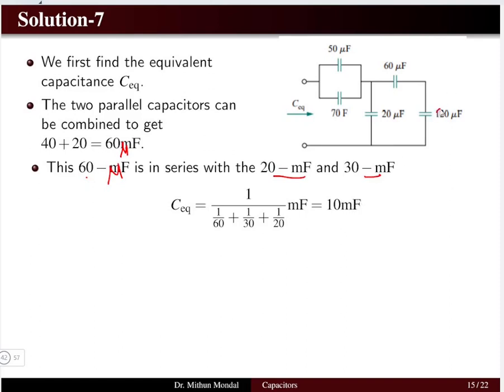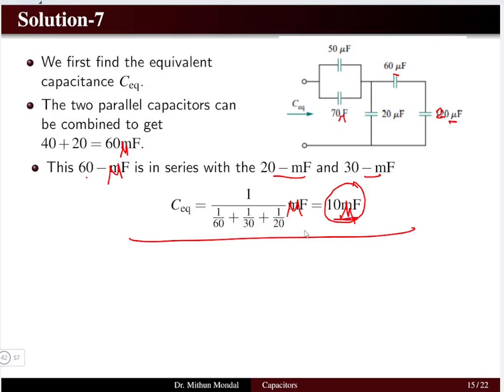So here we will do that operation and try to find the equivalent capacitance of this entire network. It will be in microfarad because all the capacitors are in microfarad. If you take it, then it will be 10 microfarad.